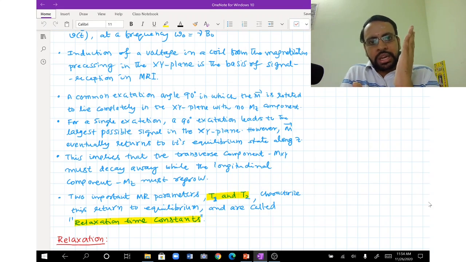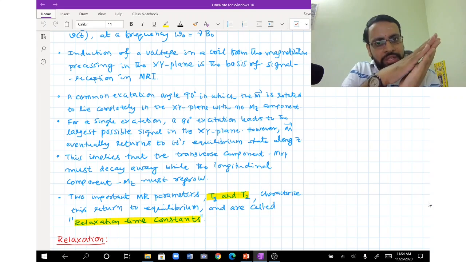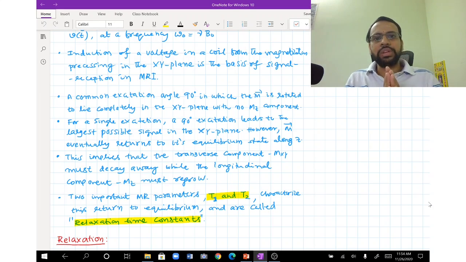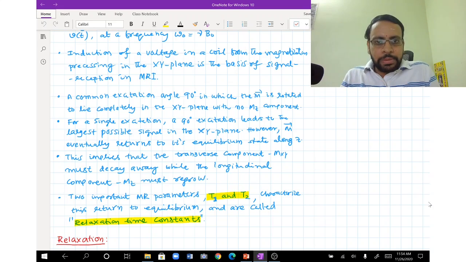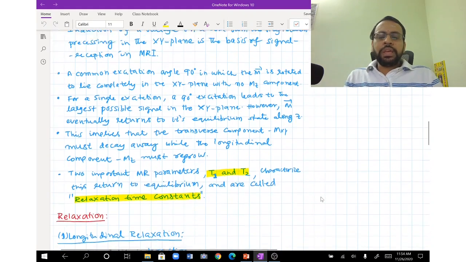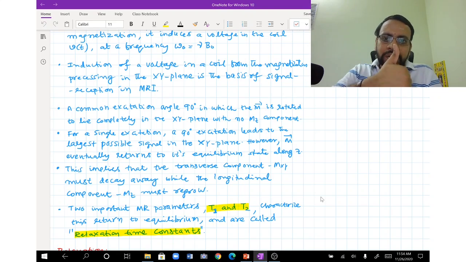The second thing of our interest is how the projection of this M bar vector along the z-axis is going to vary. By the way, when you are applying the magnetic field in the z direction, this xy plane you refer to as the transverse plane, and the z-axis as the longitudinal axis.